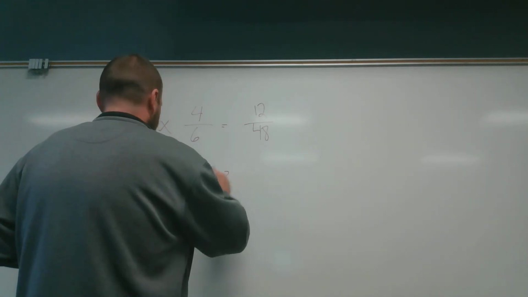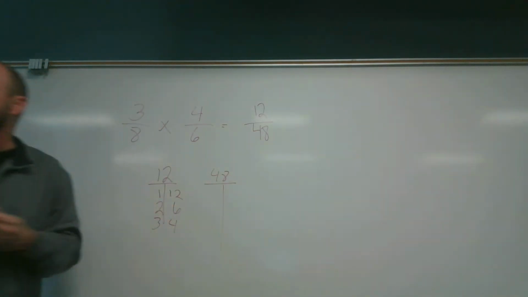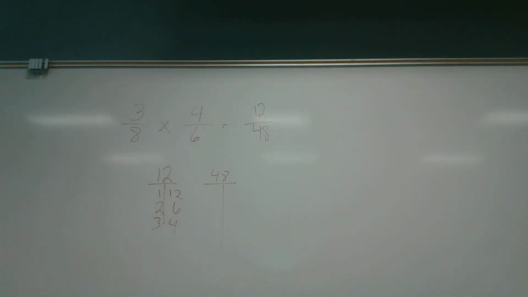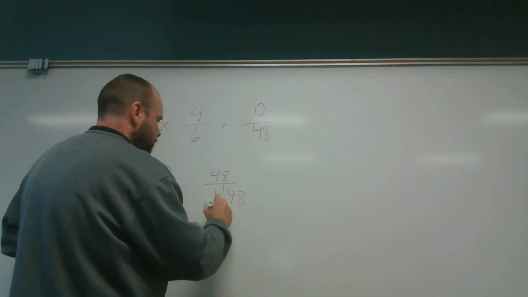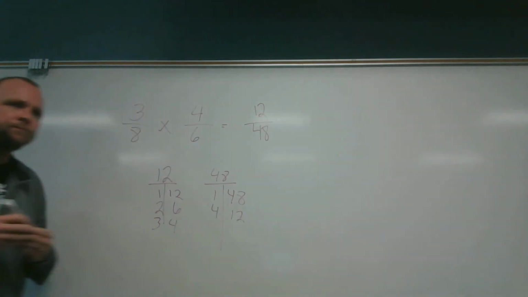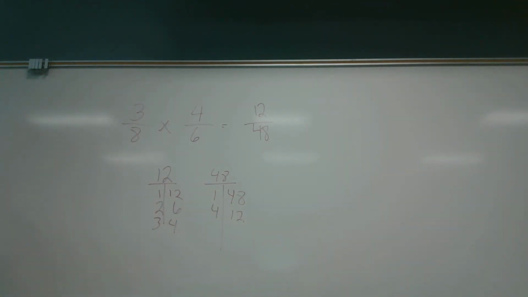We have to do the same for 48. Reagan, listen. 1 times 48 is the first pair, and then 4 times 12. What else? Celeste, what else? 2 times 24.